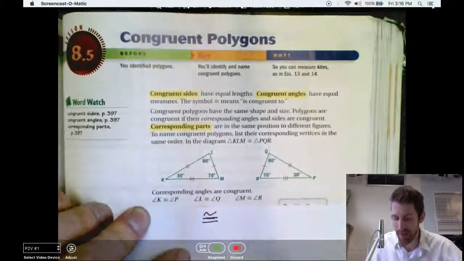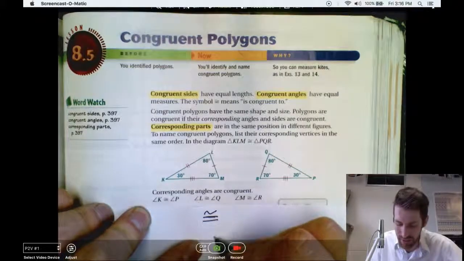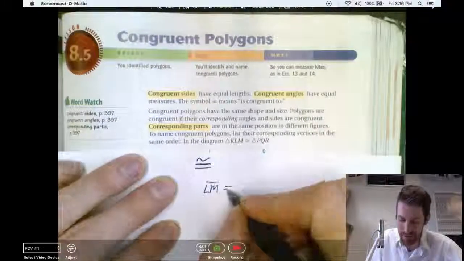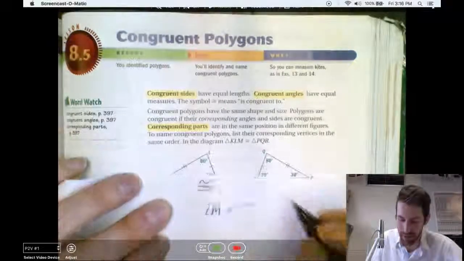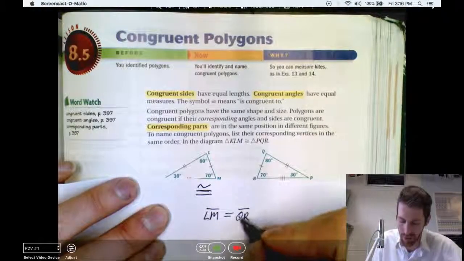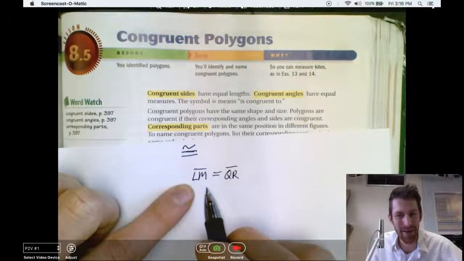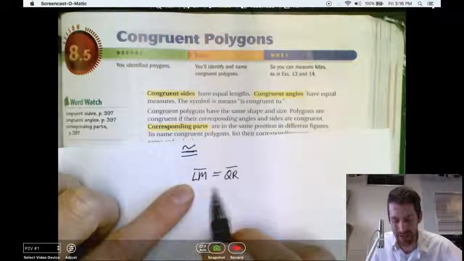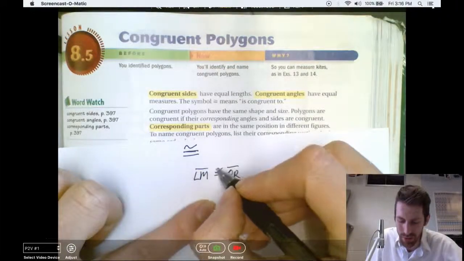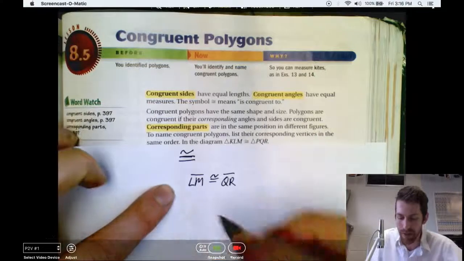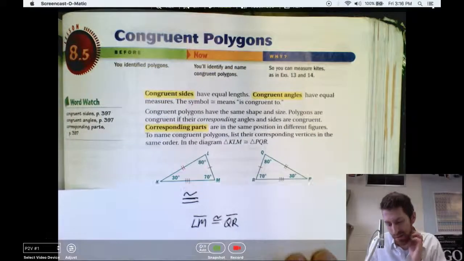See that? So you wouldn't say line segment LM is equal to line segment QR, because line segment LM is a figure, it's not a number. Is that making sense? So we use the congruent symbol. It's congruent to it.